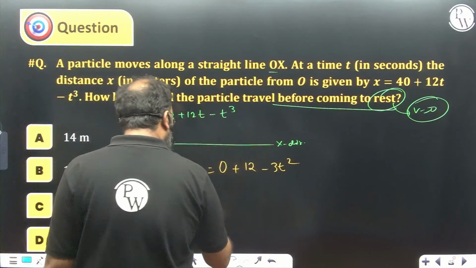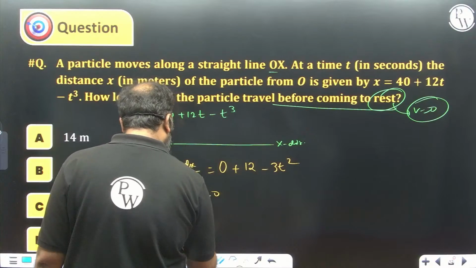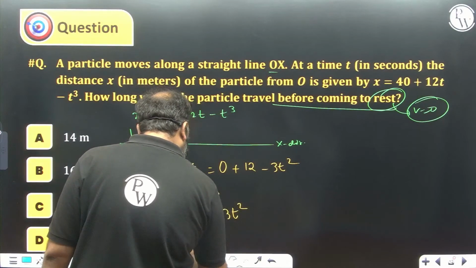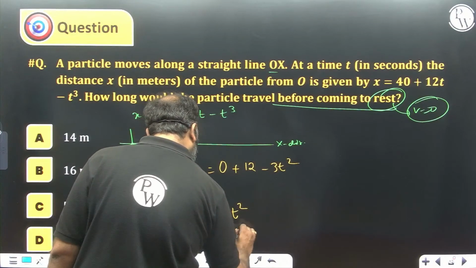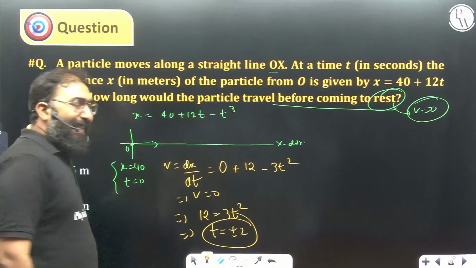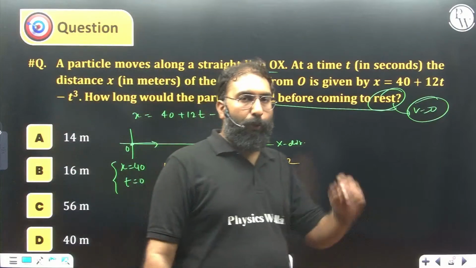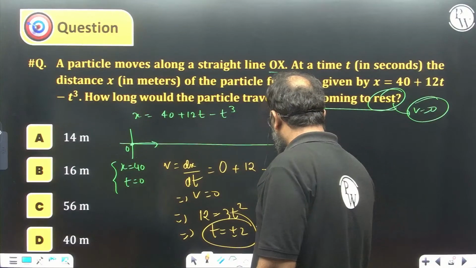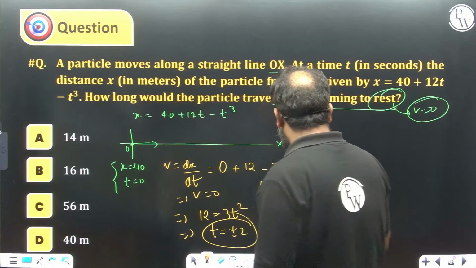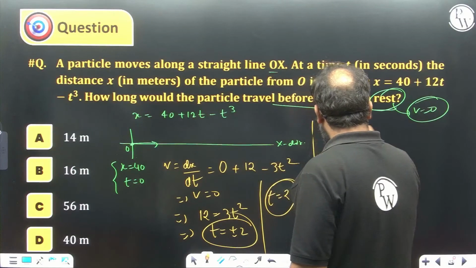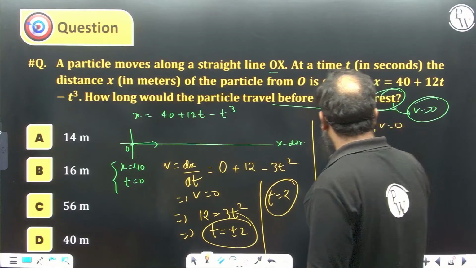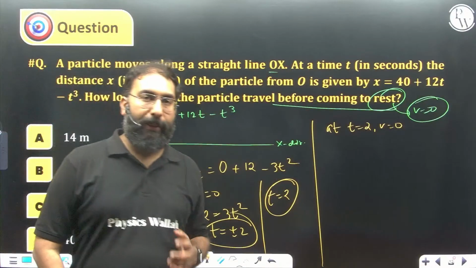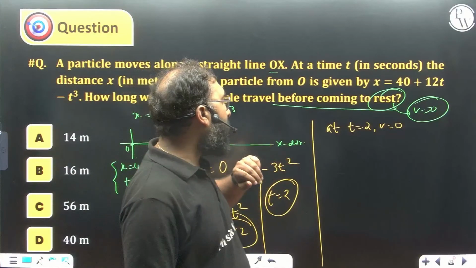And for velocity to be 0, I have to write this as 12 equals 3t square, and solving this I am getting t equals plus minus 2. In physics, we don't consider negative time. So I am only considering t equals 2 seconds. So at t equals 2 seconds, the velocity of the particle becomes 0.